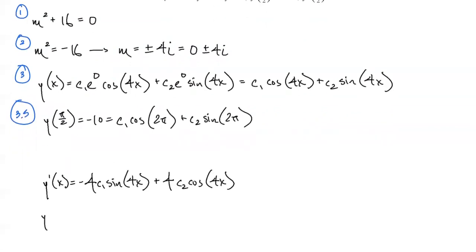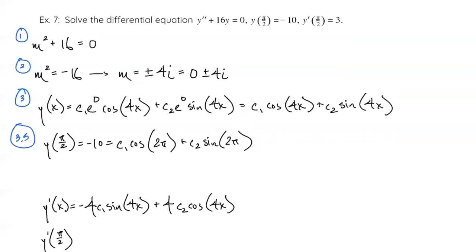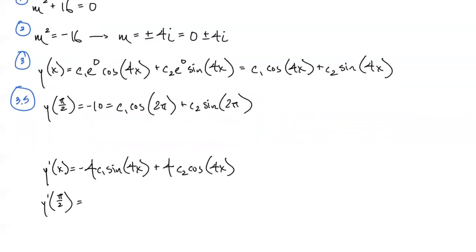And when I plug in my initial condition, let's see, what do we say? y prime of pi over 2 equals 3. Negative 4 C1 sine of 4 times pi over 2, which is 2 pi, plus 4 C2 cosine of 2 pi. All right.